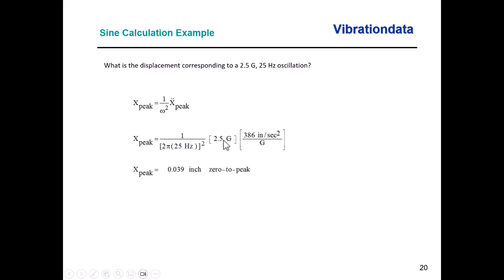We've got our 2.5 G. And this is just showing the 386 factor. So the English system is very awkward. And we're going to do a conversion factor, 386 inches per second squared per G, so that our final displacement is going to come out to be in inches and zero to peak. So 0.039 inches zero to peak.